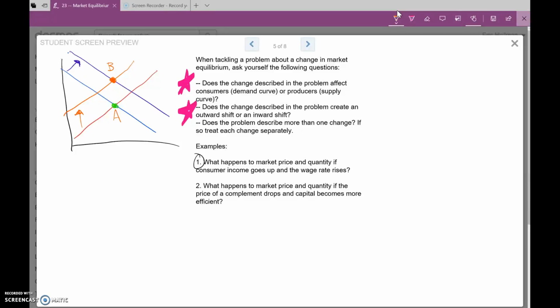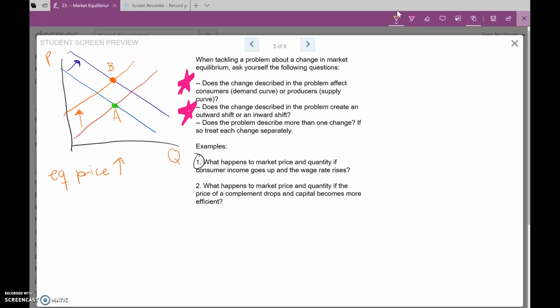So what happens to equilibrium price and quantity? So we know for sure that equilibrium price goes up. Right? Point B is definitely higher up than point A was. What happens to equilibrium quantity is ambiguous.